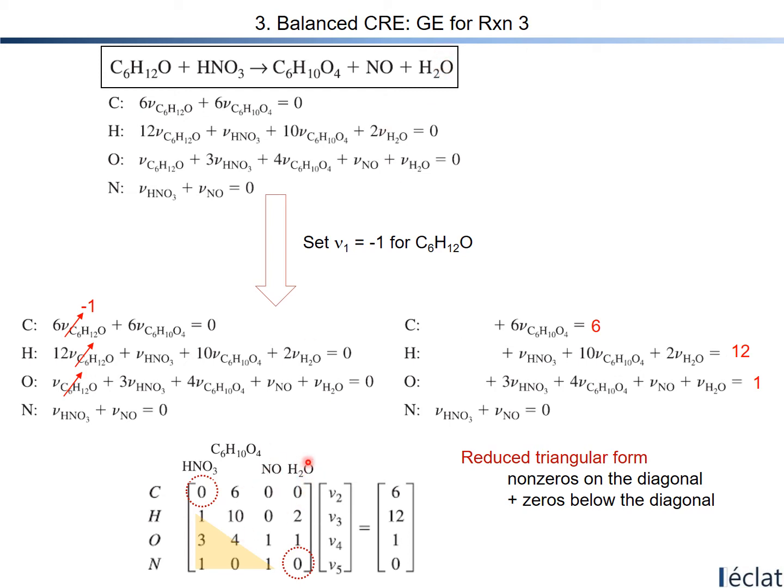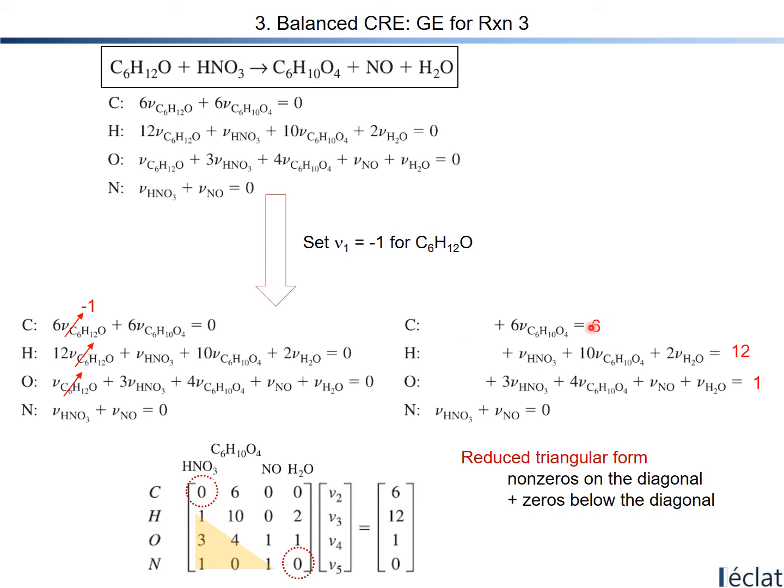So let me put the numbers into this coefficient matrix. Let me start with the carbon, and there is no nitric acid, so 0. And then adipic acid, 6 here, so 6, 0, 0. No NO and no H2O in this stoichiometric balance equation from the viewpoint of carbon.